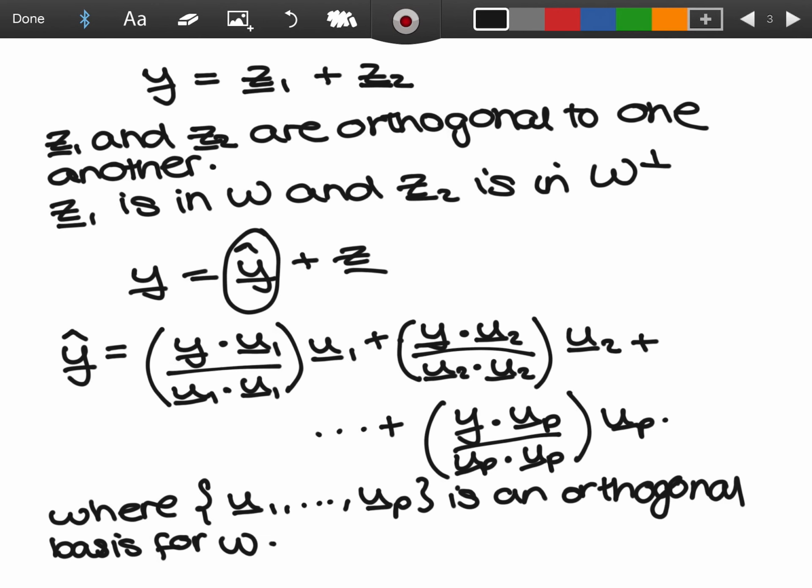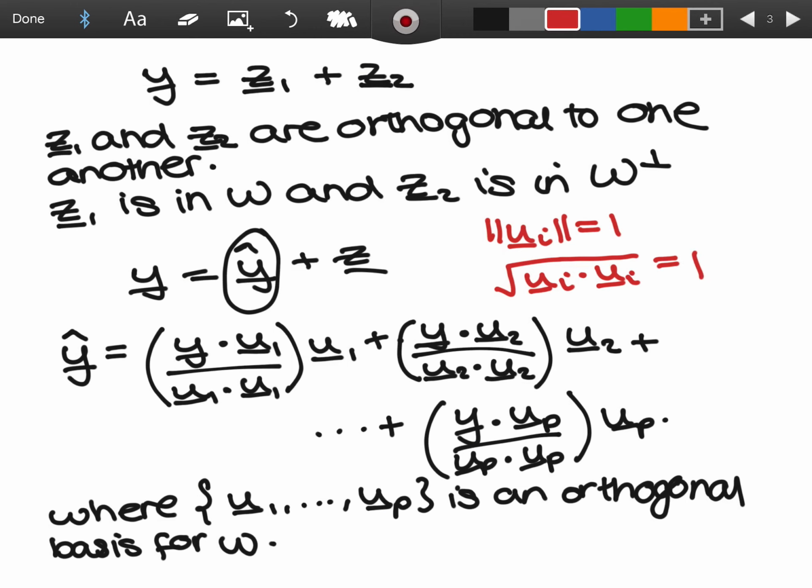Well, orthonormal means each vector has magnitude 1. I'll write this on the side here, for orthonormal, if the magnitude of a vector equals 1, that means that taking the dot product of the vector with itself and square rooting it will equal 1.